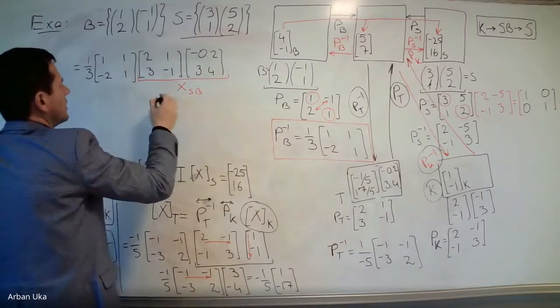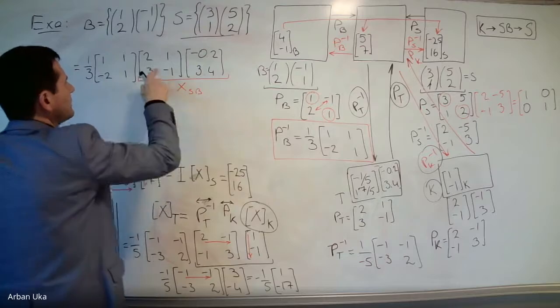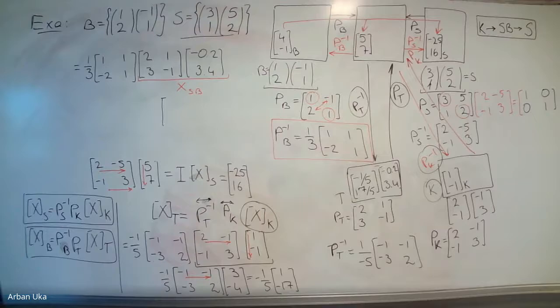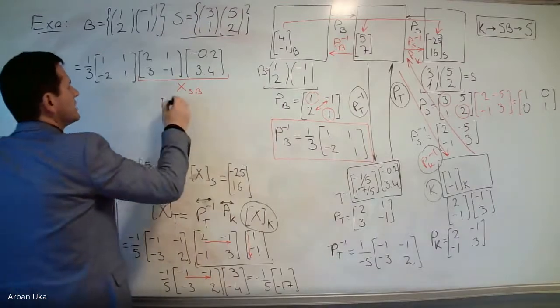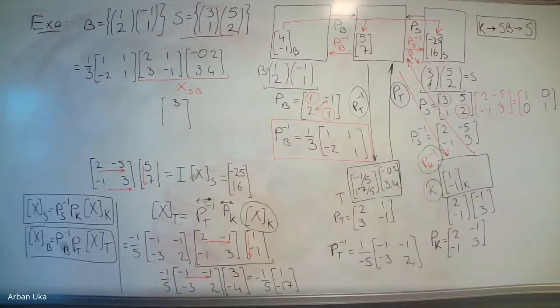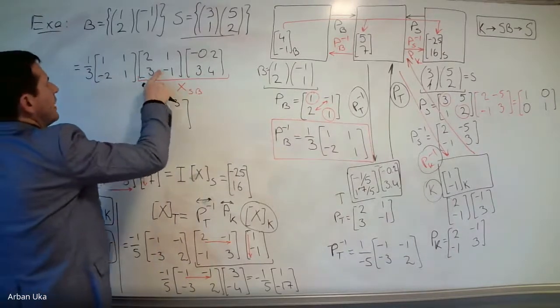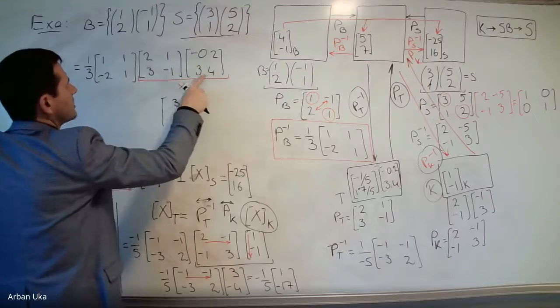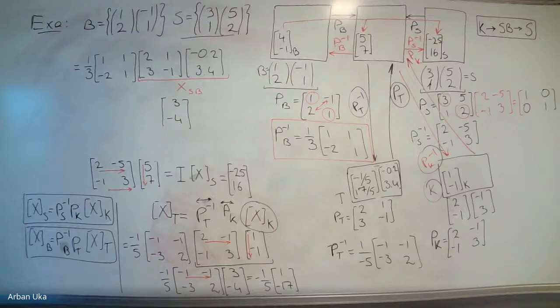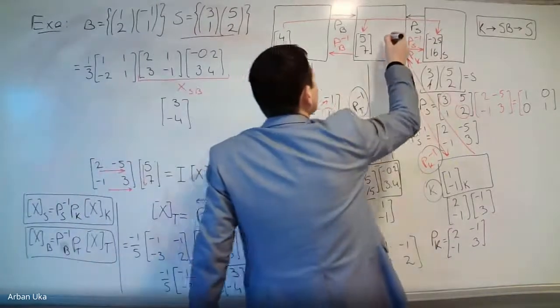We multiply with this vector. We get 2 times -0.2, this is -0.4, plus 3.4, this is 3. And then we have -0.6 minus 3.4, this is -4. So it looks like this is (3, -4).